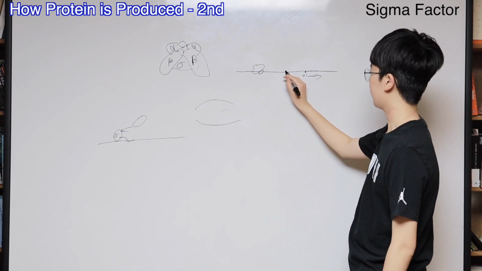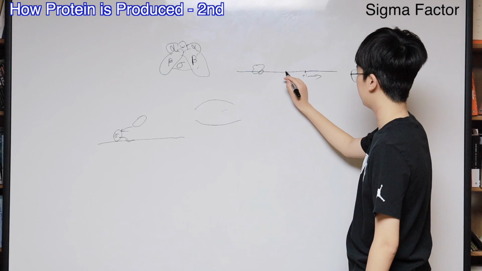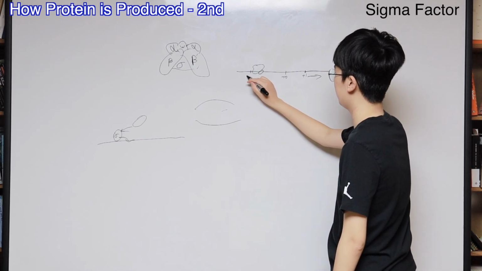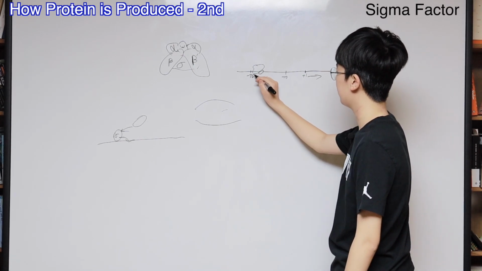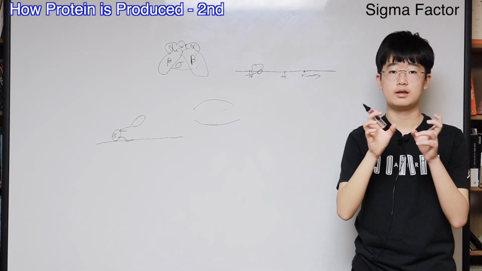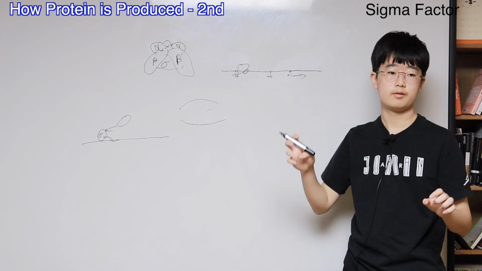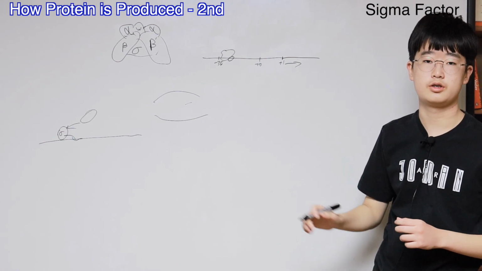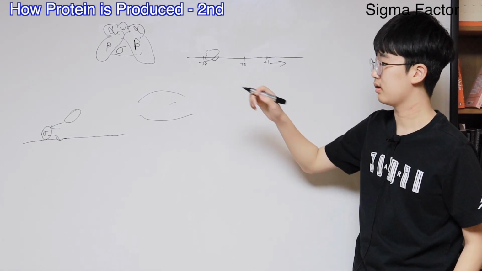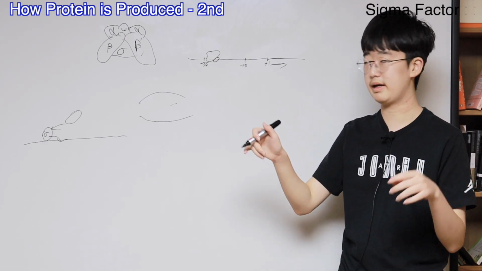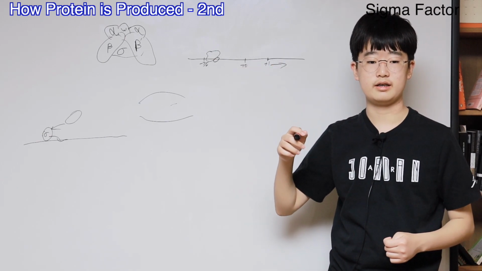And now a bit backwards, there is a part -10, and there is a -35. On these two, there are special codes for the sigma factor to bind on. So there are kind of codes made out of the nucleic acid bases.